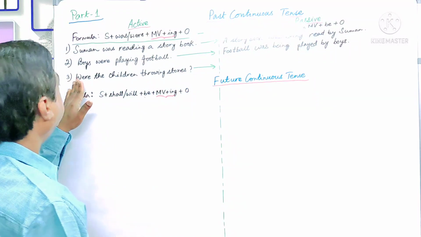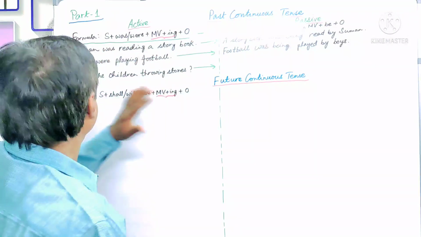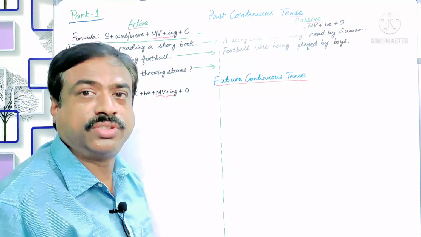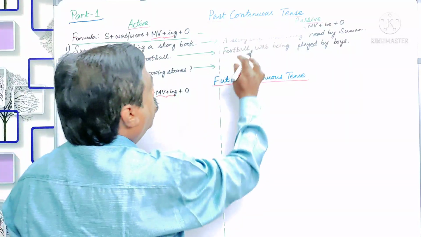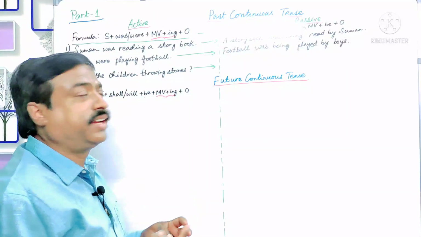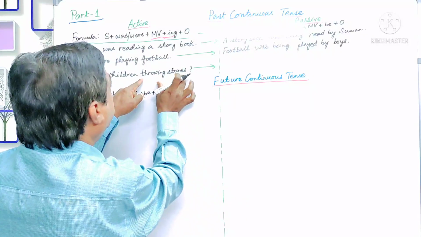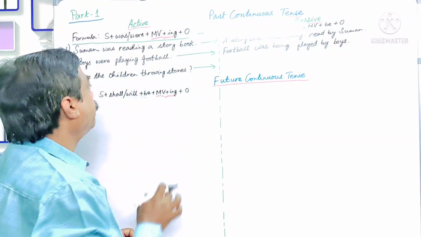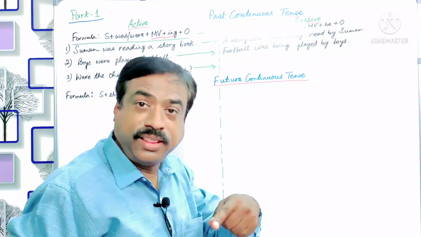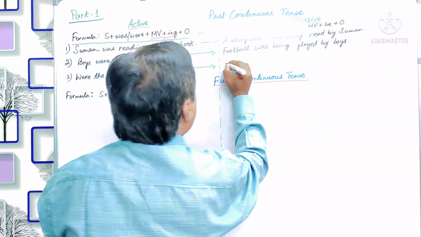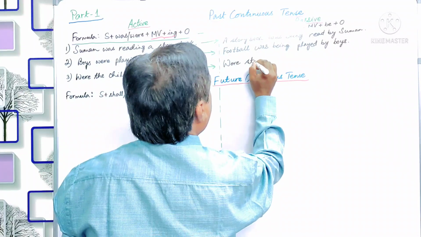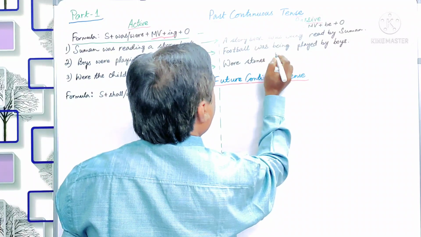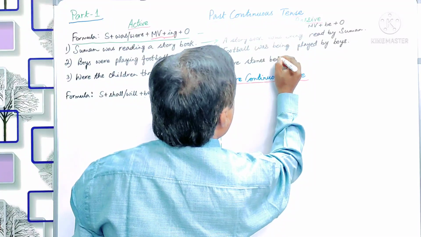Now I come to the last sentence here in the past continuous tense. Were the children throwing stones? In the interrogative form, we have to start the sentence with either was or were, but here it is stones. Stones in the plural form. So it will be were. Were stones, then being.